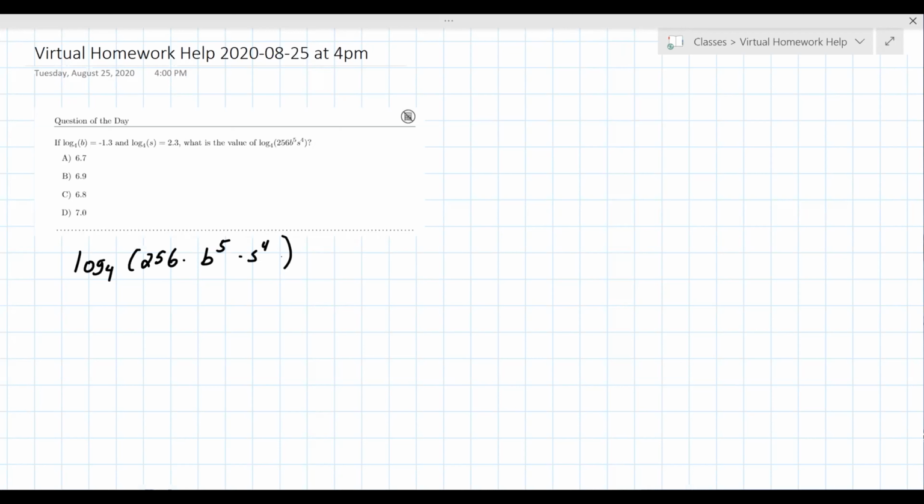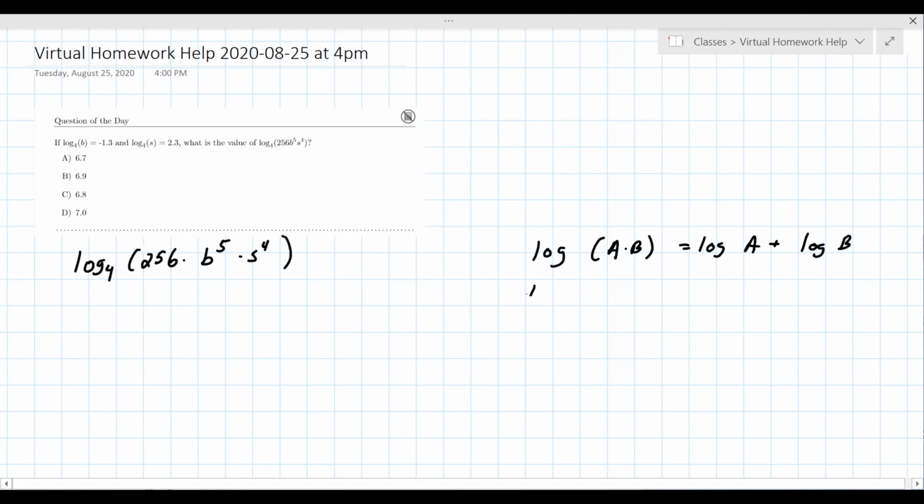To do that, we're going to use the property on the right here that log of a times b equals log a plus log b. However, you'll see that there's both a number, a letter to an exponent, a letter to an exponent here.